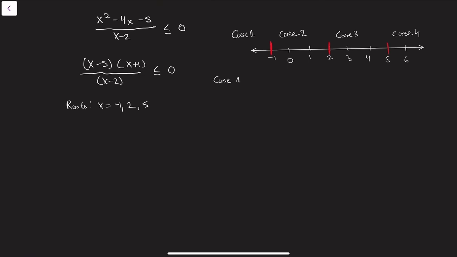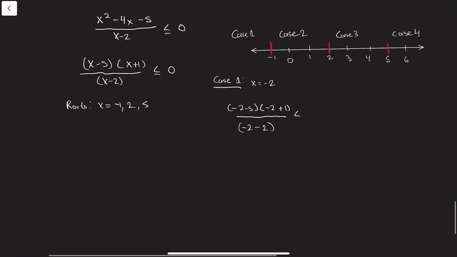Case 1, let's say x is equal to -2. Then we'll have -2 minus 5, and I'll go a bit faster in this example because you should have it by now, all over -2 minus 2, sorry.